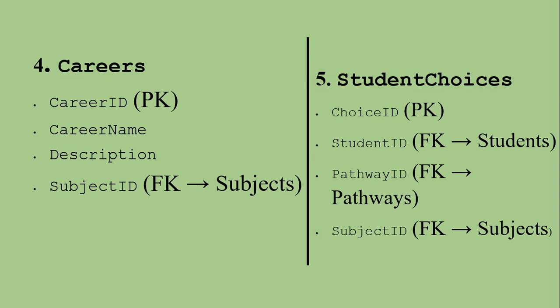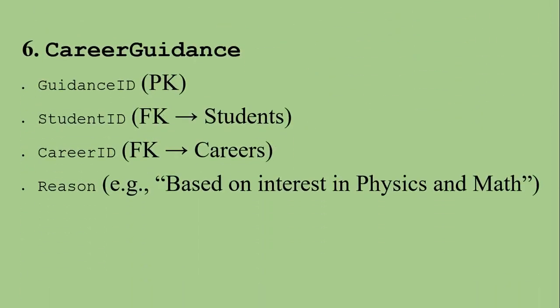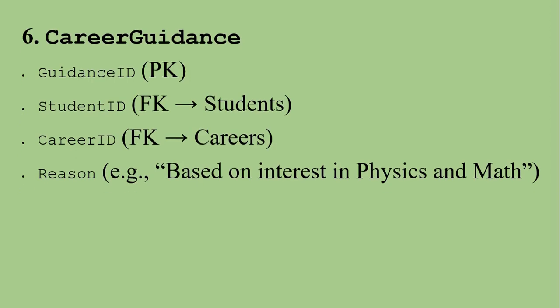We can have student ID as a foreign key from the students table, pathway ID as a foreign key from the pathways table, subject ID as the foreign key from subjects. That is for the purpose of relationships. And we can also have guidance ID from the guidance table, then student ID, career ID, and others from other tables.